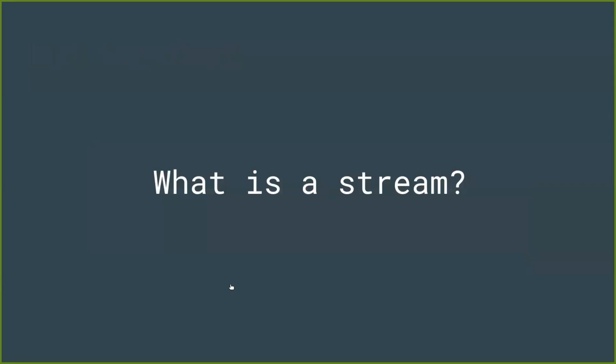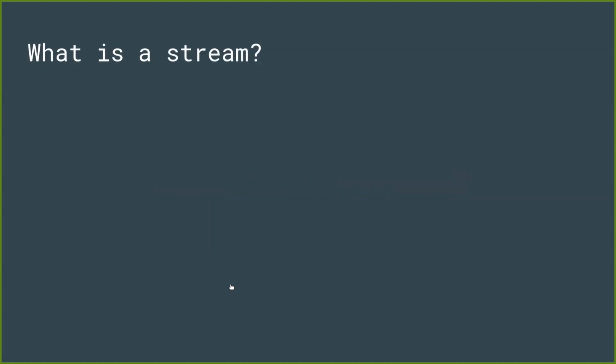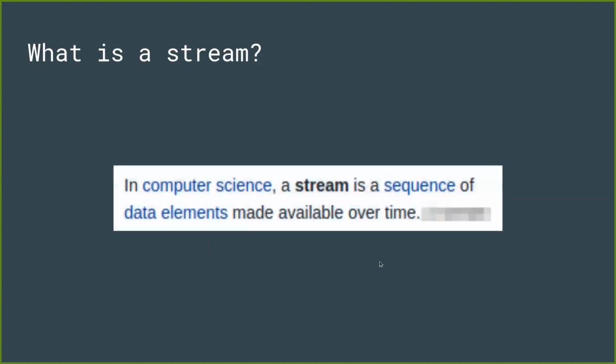And as far as we are talking about flowing, we also have seen this little keyword here. Let's see what a stream is. So again, this is what Wikipedia says. It's a sequence of data elements made available over time. So we have two variables here, right? We have the data and we have the time.